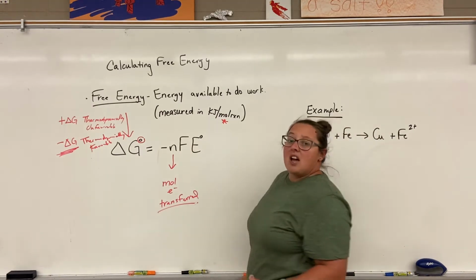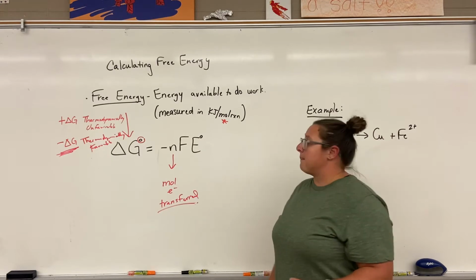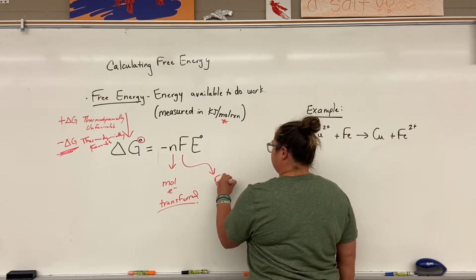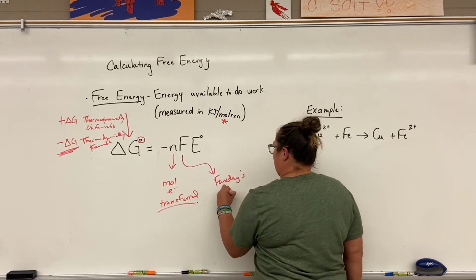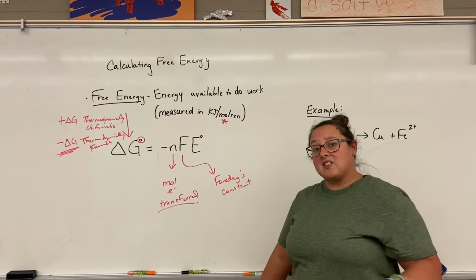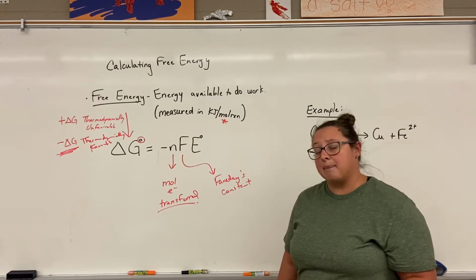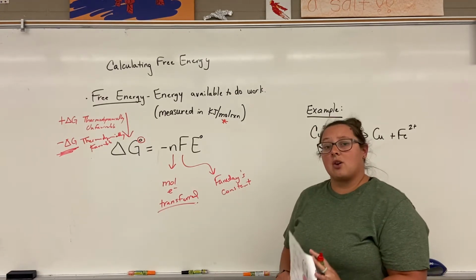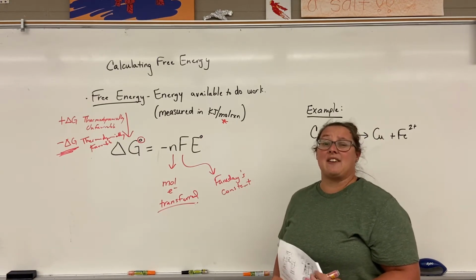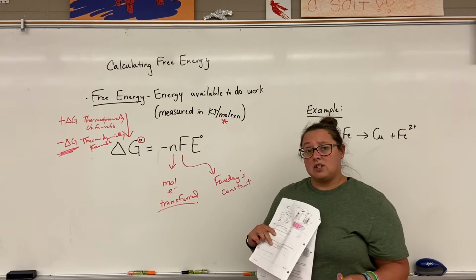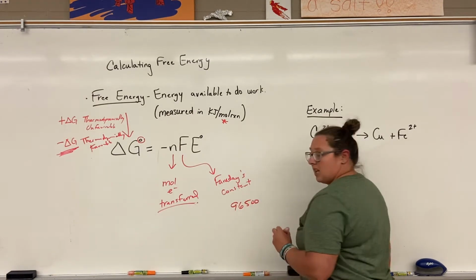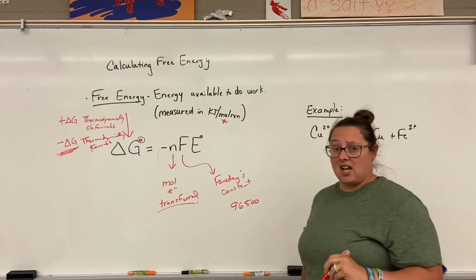This next symbol here, F, stands for Faraday's constant. Because it is a constant, it is going to be the same number every single time. If you look at it on your equation sheet, it's actually 96,485, but we're going to use 96,500. So it is a constant, that number does not change.